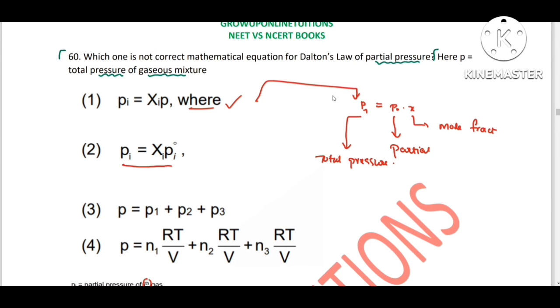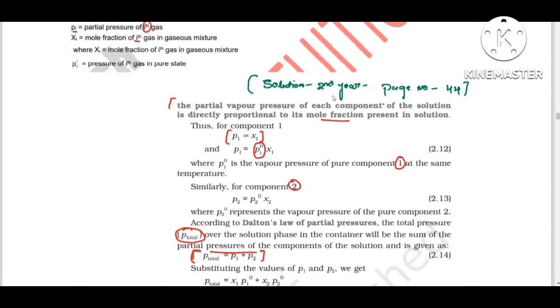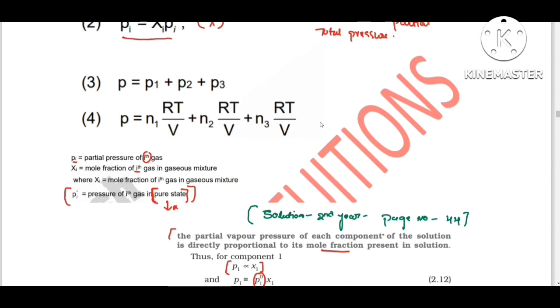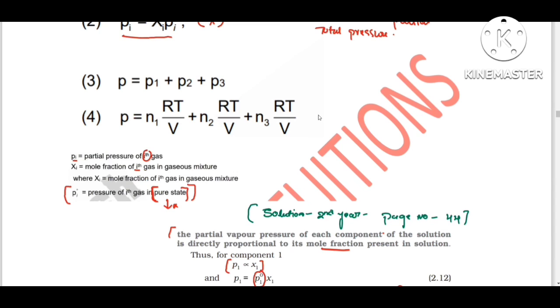Now let us see option 2. Here Pi equal to Xi into Pi naught, where Pi naught is the pressure of the ith gas in a pure state. According to the concept of Dalton's partial pressure, this statement looks incorrect. Now let us see the third one. P equal to the sum of partial pressures. We previously discussed that total pressure is equal to the sum of the individual pressures of the components, so this statement is also correct.